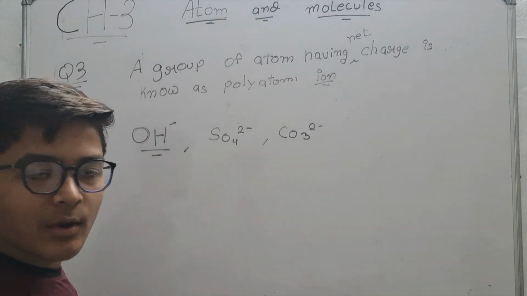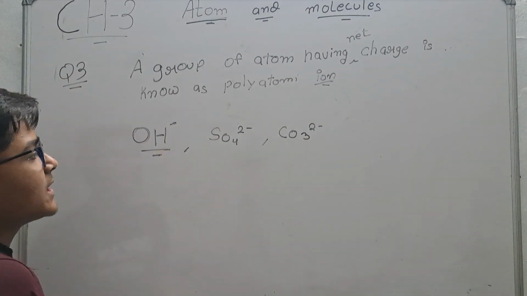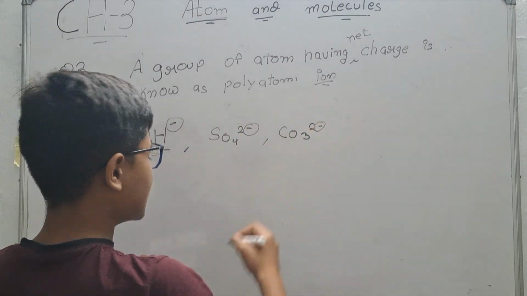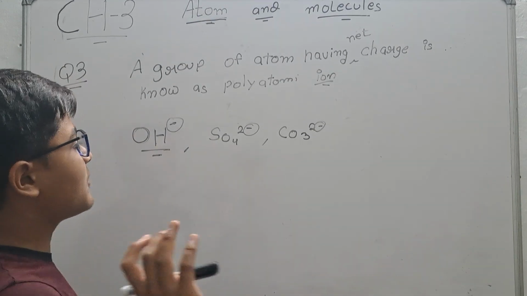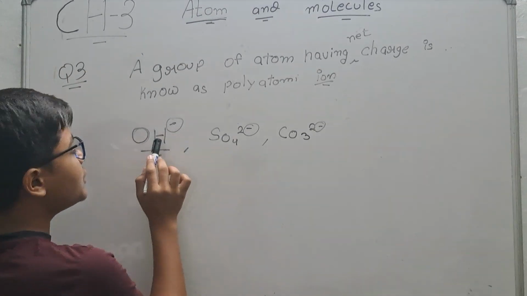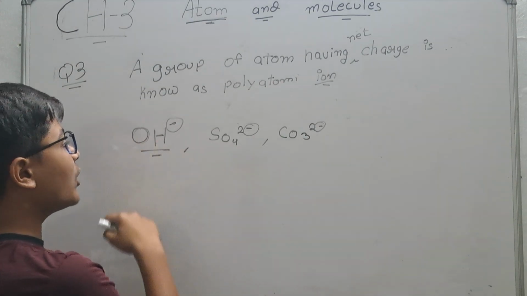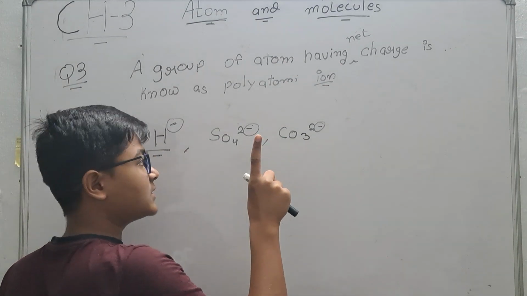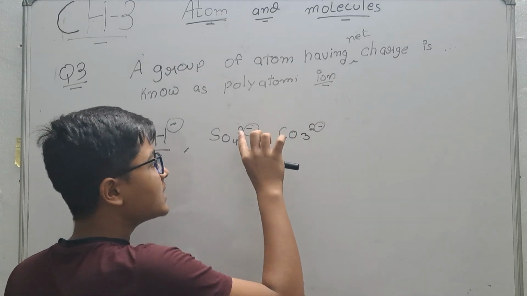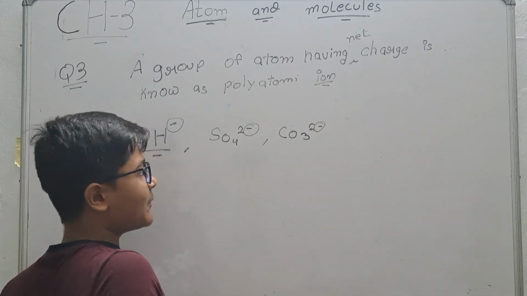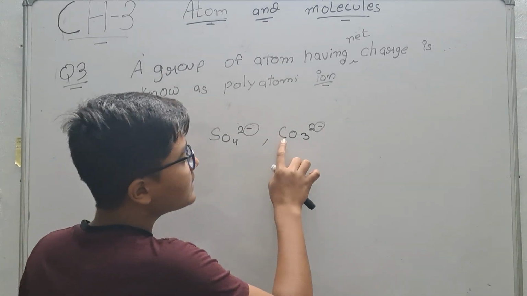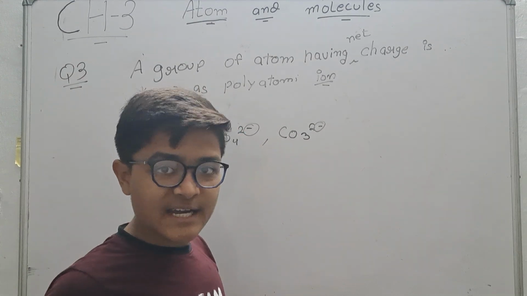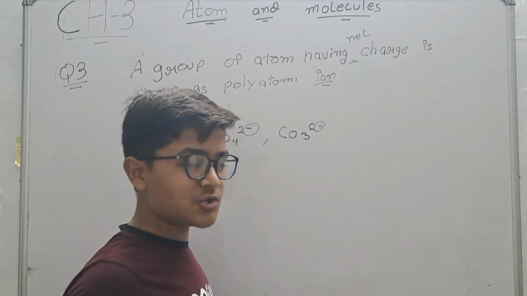Hydroxide, oxide and hydrogen carrying a minus charge. You can see every group of compound or molecule having a charge on it is known as a polyatomic ion. In hydroxide there are two atoms, oxygen and hydrogen. In sulfate there is one atom of sulfur and four atoms of oxygen, so more than three and having a charge, so polyatomic ion. Then one atom of carbon and three atoms of oxygen, having a charge on it, so it is known as a polyatomic ion.